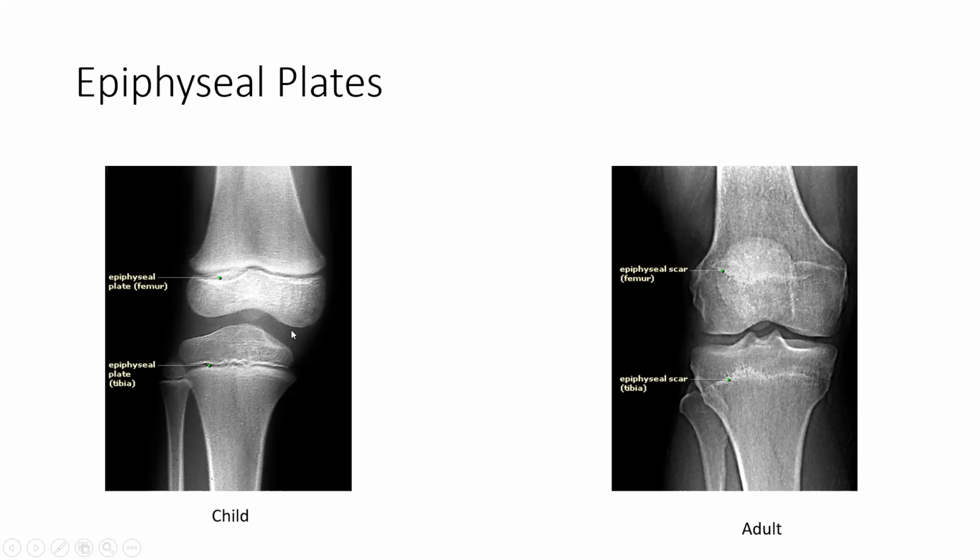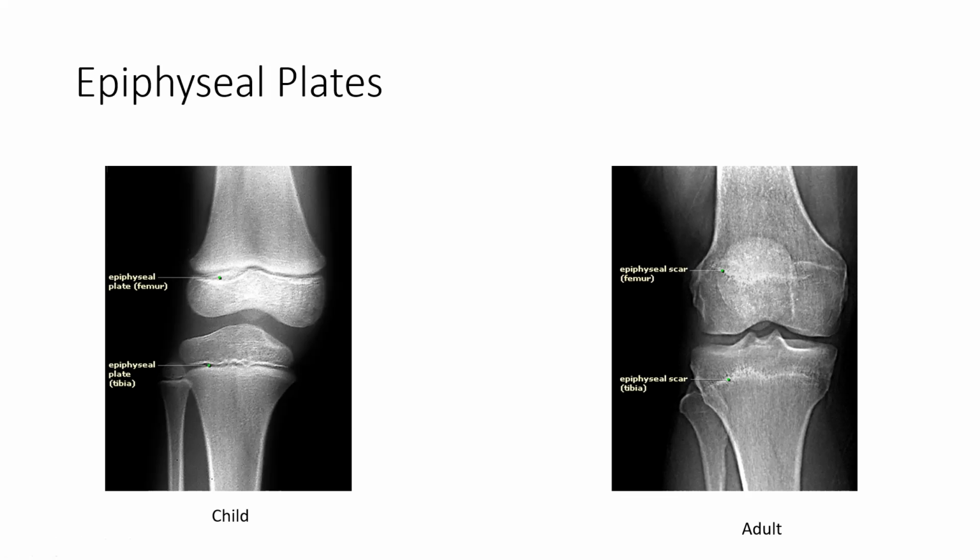Now, after about age 23, where that line has totally ossified and stopped, the hyaline cartilage converts to bone and leaves this white line behind. We call it the epiphyseal line. We see it here, we see it here, and you might even see a bit of it right there on the fibula. We no longer have long bone growth.